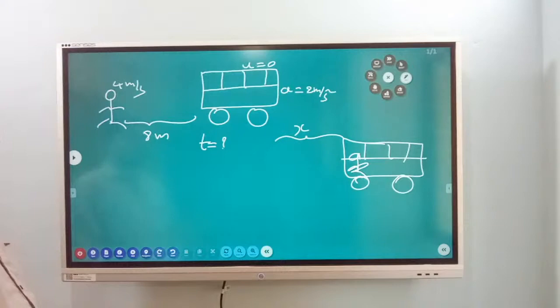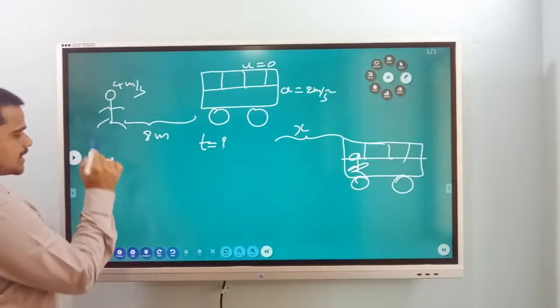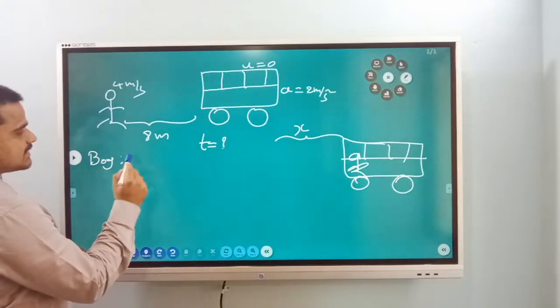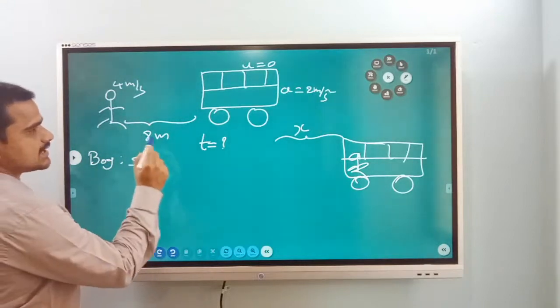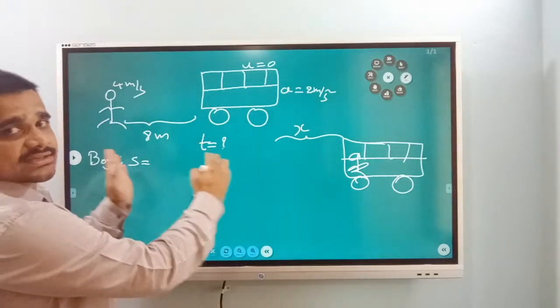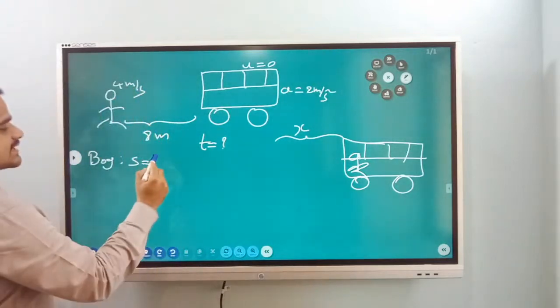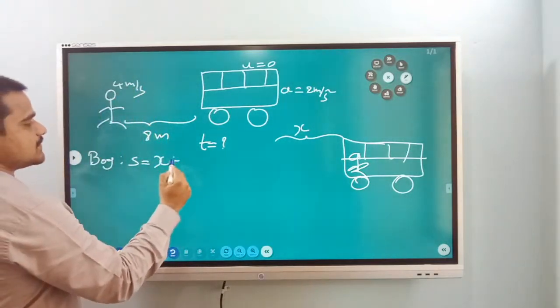Listen carefully. For the boy, I'm writing the distance here. For the boy, the distance he traveled, s, is equal to how much? 8 plus x. The distance between the boy and bus is 8, and the bus traveled a distance of x. What is the total distance traveled by the boy? x plus 8. Carefully if you listen, it is easy to understand.